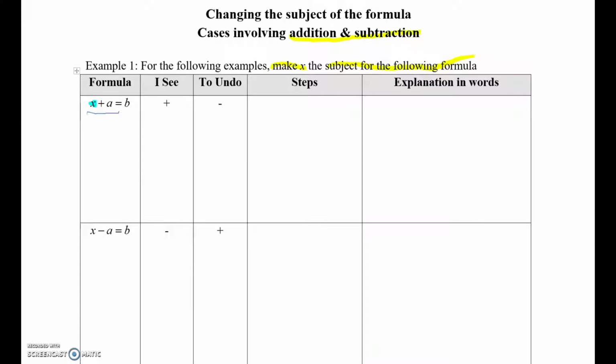Hence, using the first rule, to undo, we need to minus a on the left. Using the second rule, we need to perform the same action on the right. So, we need to also minus a on the right side of the formula.